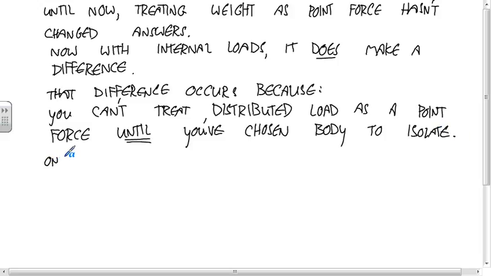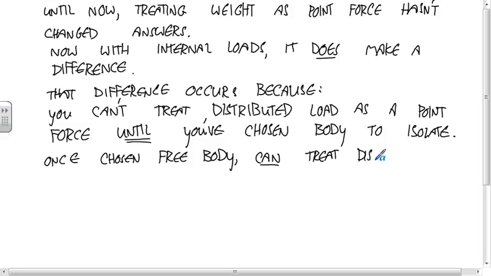Once you've chosen your free body, then you can. So you can treat a distributed load as the equivalent point force.